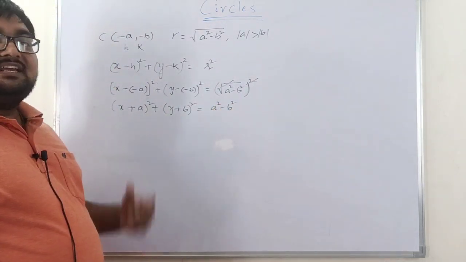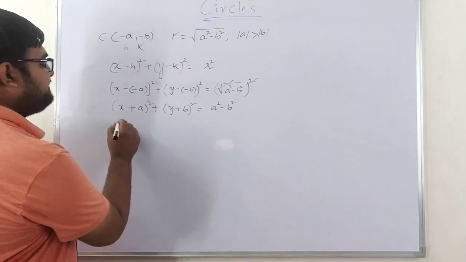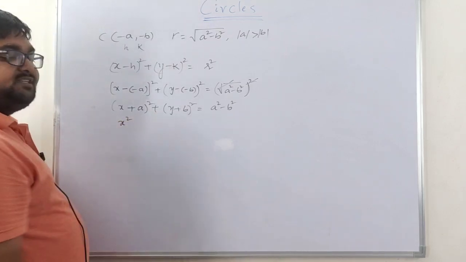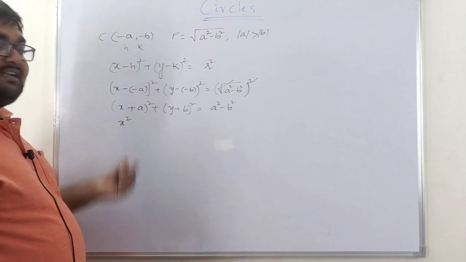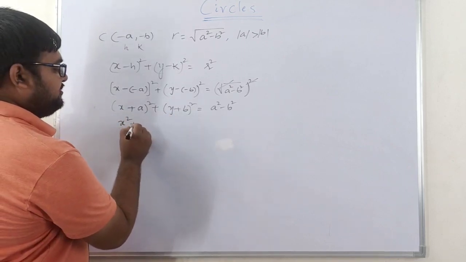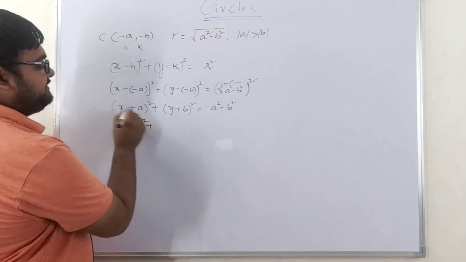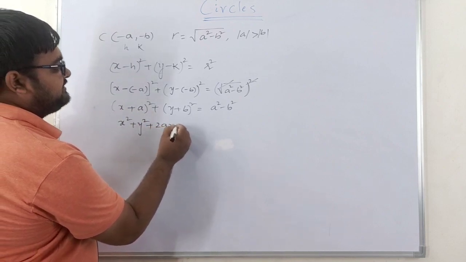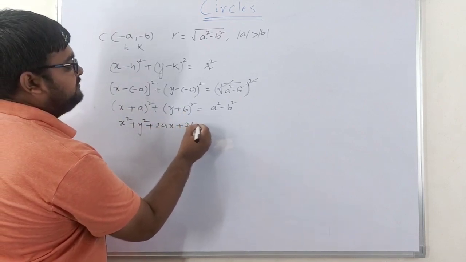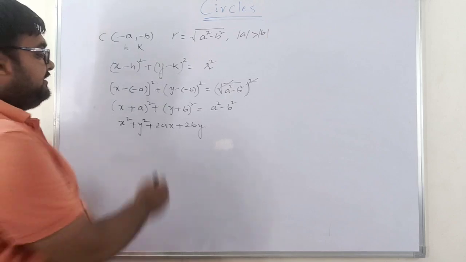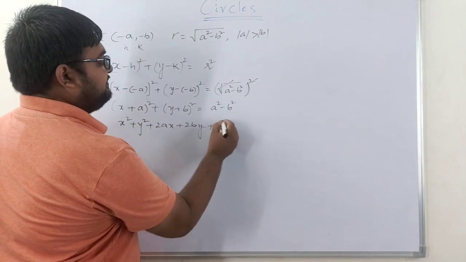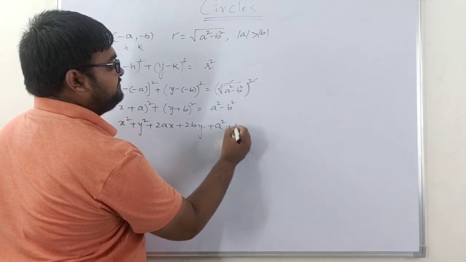So if you want, you can expand this. On expansion and writing the terms in order, from this you will get x square, from this you will get y square. Next term is 2ax, the next term is 2by, the next term is a square, and from here the term is b square.